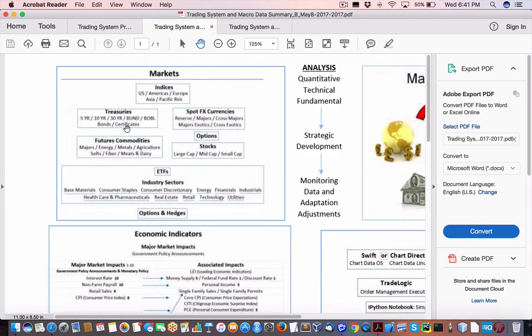And then European bonds versus other Asian or US bonds, spot FX markets, obviously the different currency pairs, future commodities that you can use, as I said, the industrial metals versus energy versus some agriculture, precious metals as a haven, and even moving into things like indices as well with the futures and the options market.